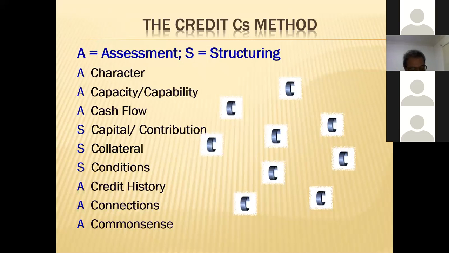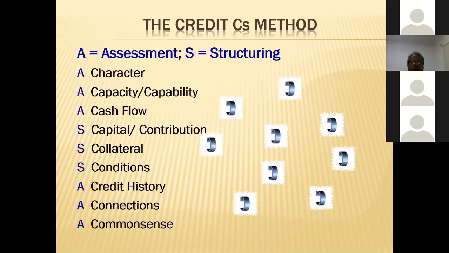There's a Campari method, there's a credit C's method, and then I mentioned some others, like Papers and Parsons. I compared them to people who talk about this diet, the next diet, the 5 steps or the 10 steps to losing weight, or whatever it is.